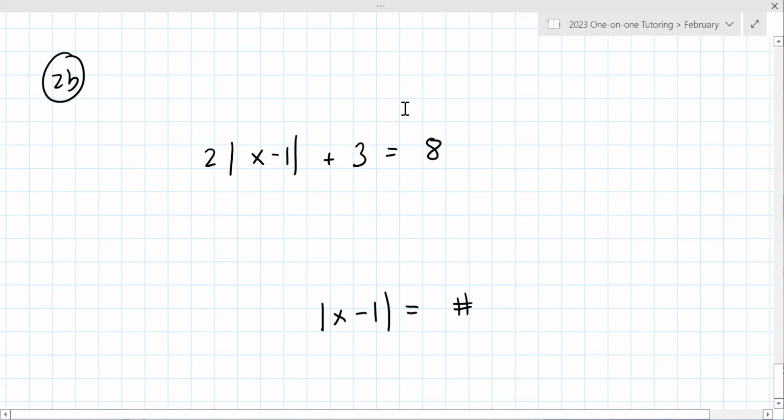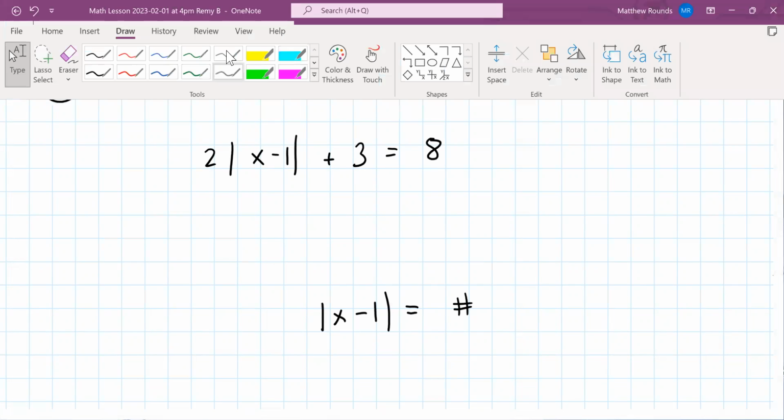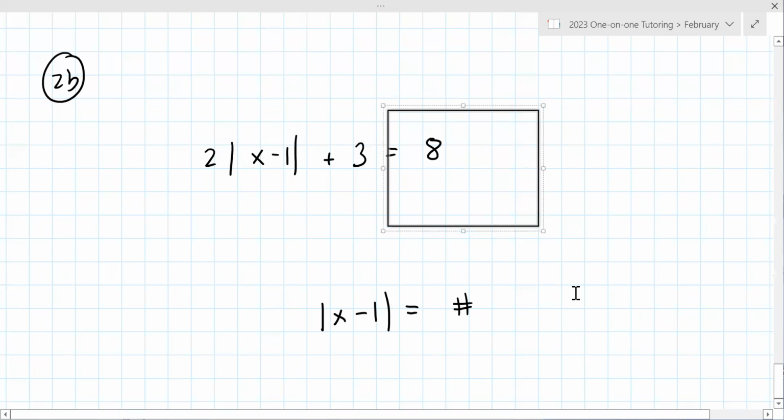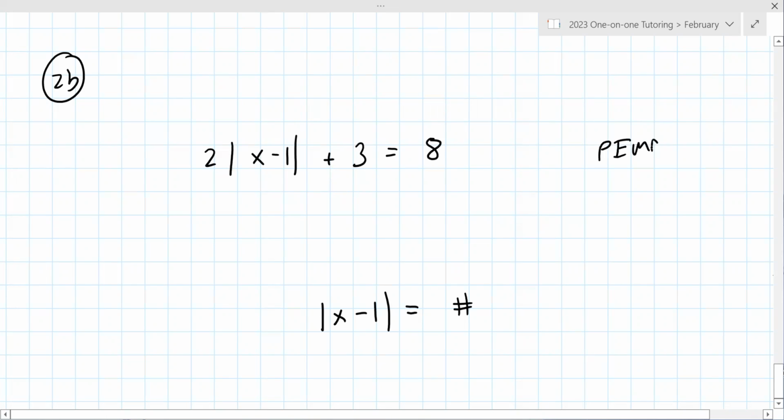Again, ignore the right hand side. Put a box over it and just ignore it. Look at the side with the variables. You've got multiplication by 2 and then addition by 3. Which do you undo first? Addition. So you undo by subtracting 3 from both sides.